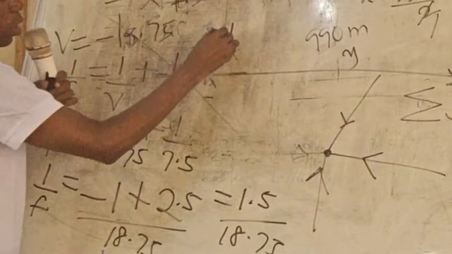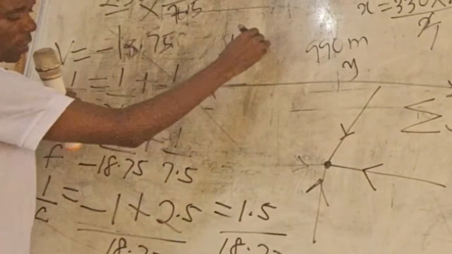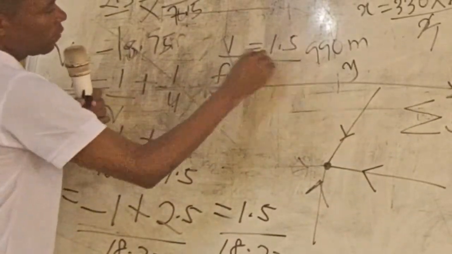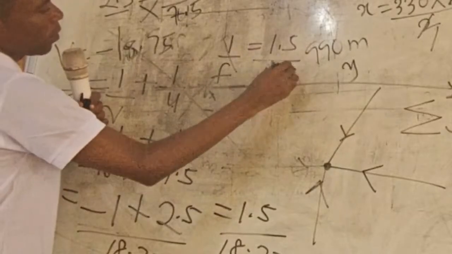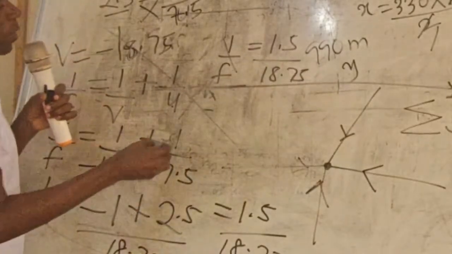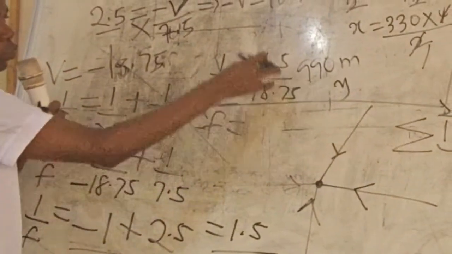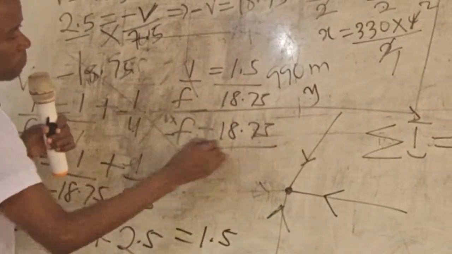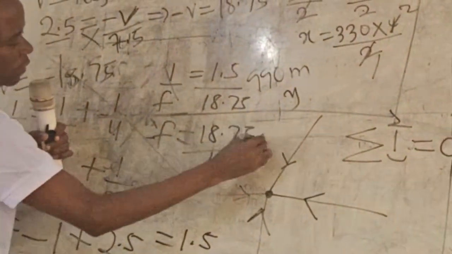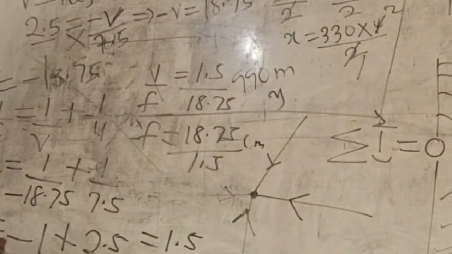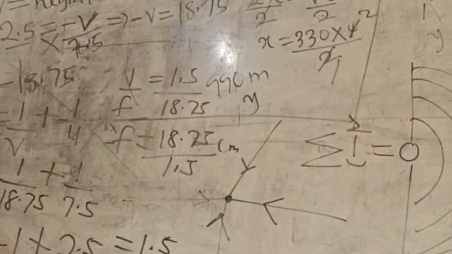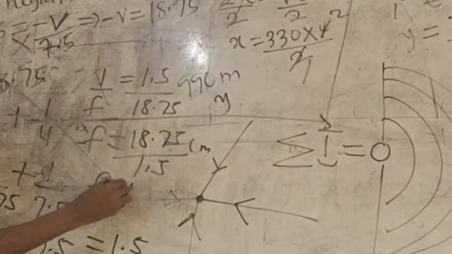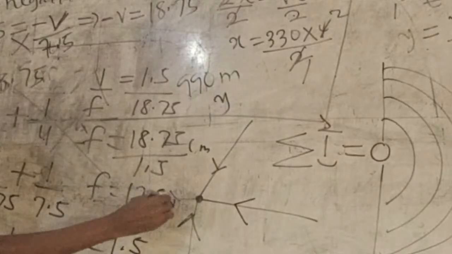But don't forget, that's 1 all over F here. So which means that 1 all over F is equal to 1.5 all over 18.75. What do we do? F will now be this one going up and this one coming down. That's 18.75 all over 1.5 centimeter. What will that give us? Okay, so F now is equal to 12.5 centimeter.